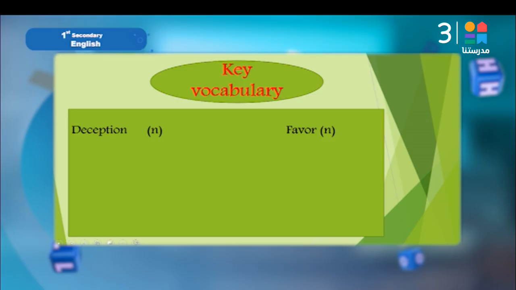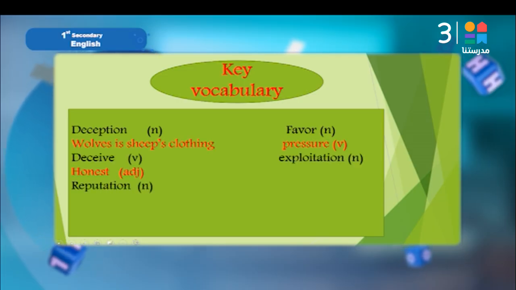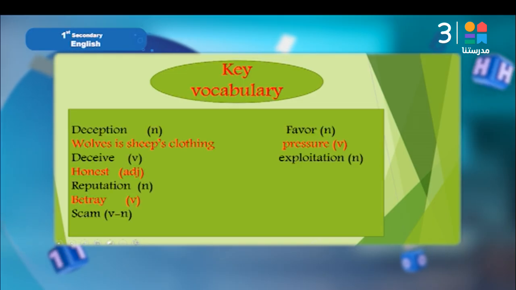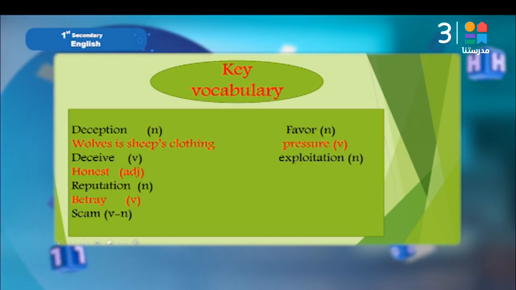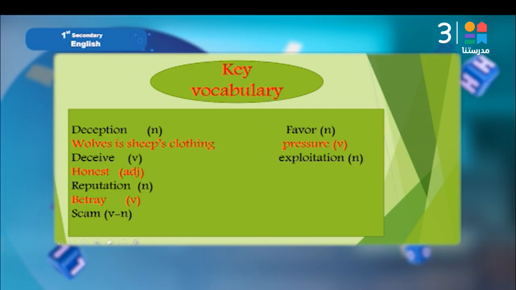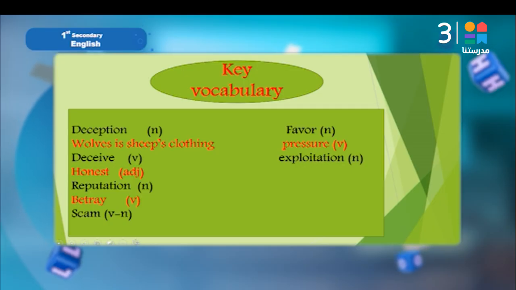Okay, now let's try to wrap up all the main vocabulary that we have discussed in the previous slides. Let's read them again together. Deception, wolves in sheep's clothing, deceive, honest, repetition, betray, scam, favor, pressure, exploitation.